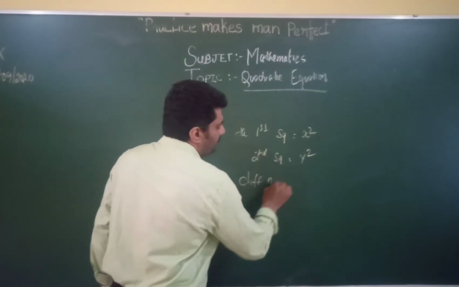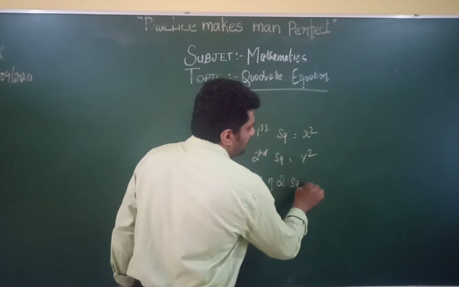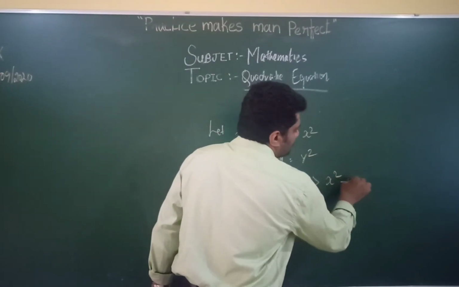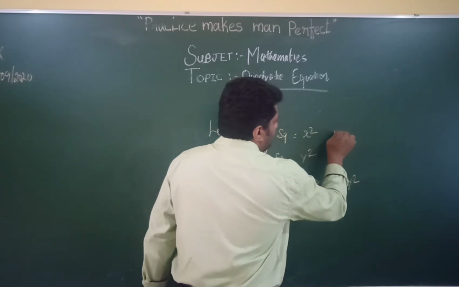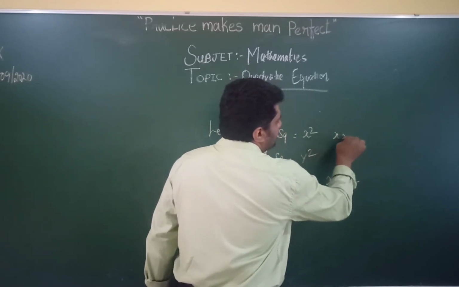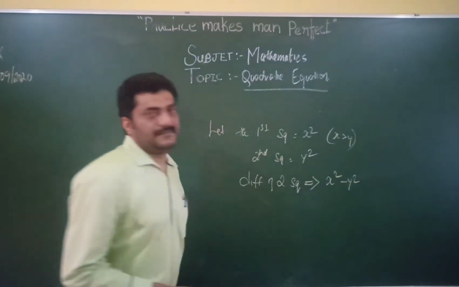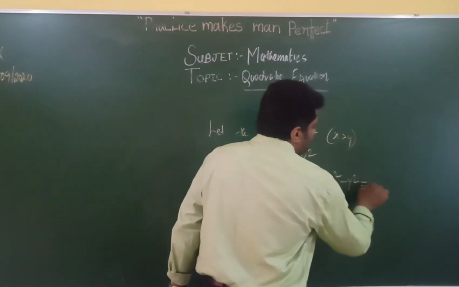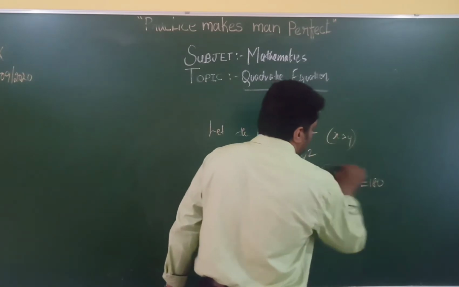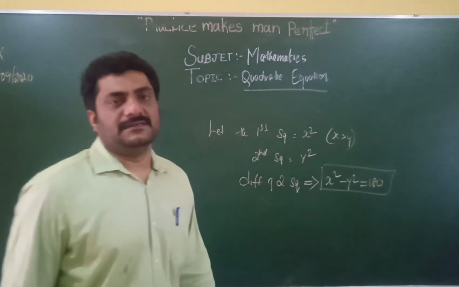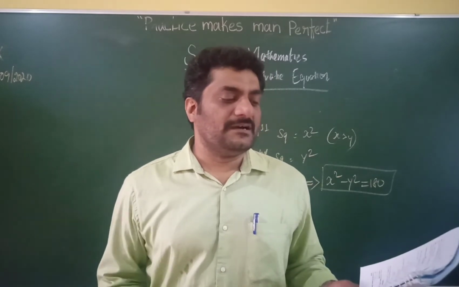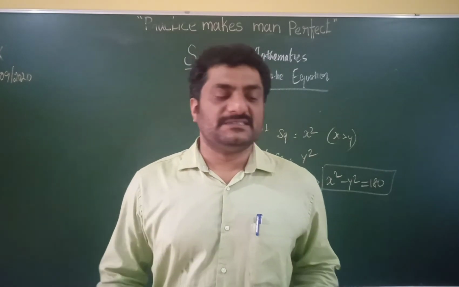Difference of two squares is equal to x square minus y square, assuming x is greater than y. This is the difference, and they are telling that it is 180. The square of the smaller number is 8 times the larger number.